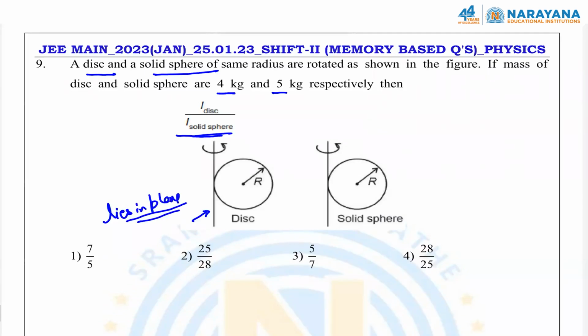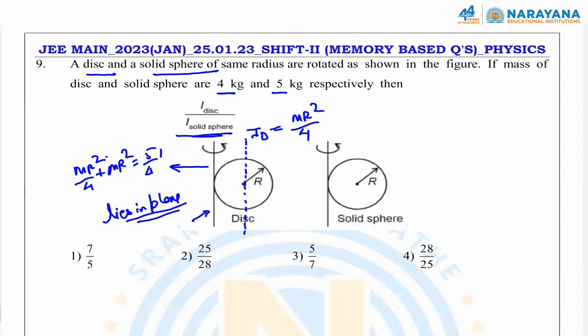And to find the moment of inertia about this, we need a parallel axis theorem. So first we will write the moment of inertia about a diameter of the disk. And for a disk, the moment of inertia about diameter is mr square by 4. So that means this must be, by parallel axis theorem, mr square by 4 plus mr square, which is 5 by 4 mr square.